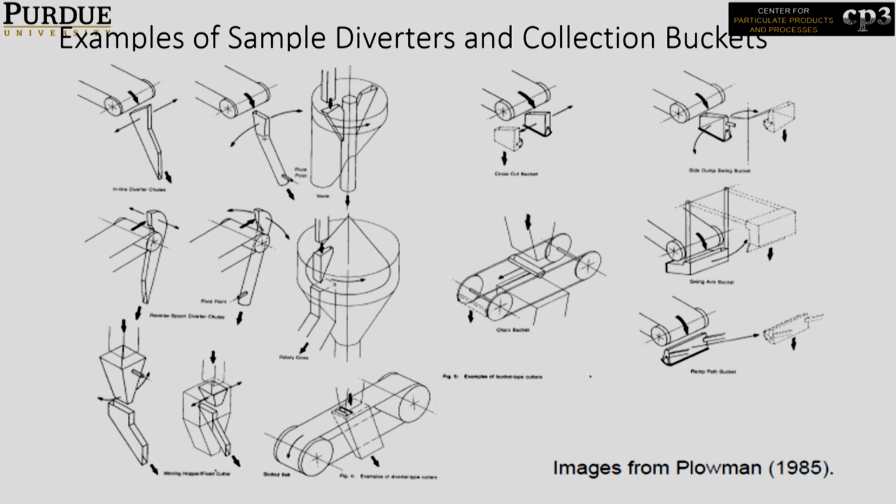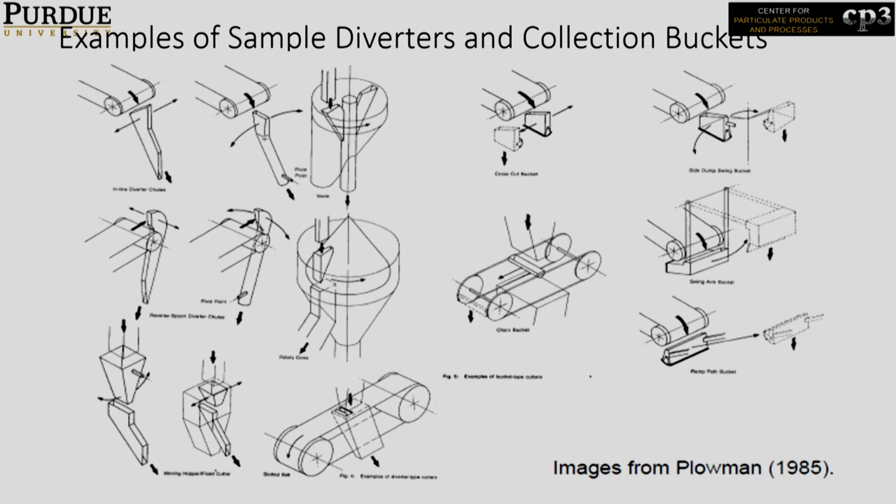A common one is collection chutes. These containers move back and forth and pull sub-samples. Those are very commonly used sub-sampling systems in bulk material production facilities.